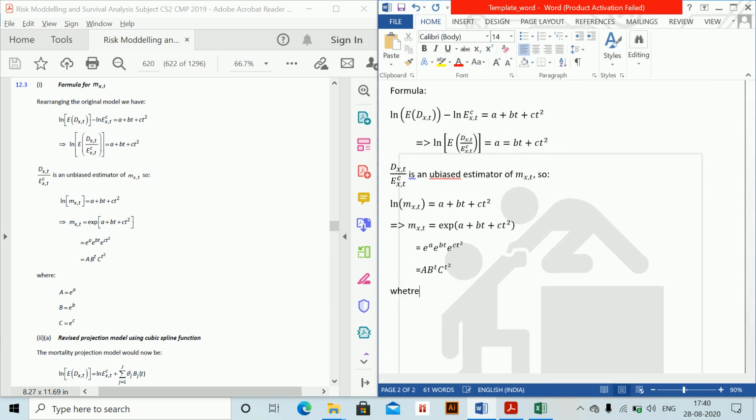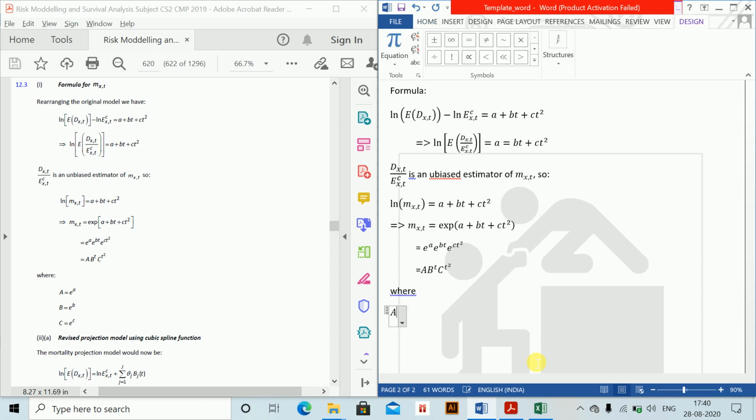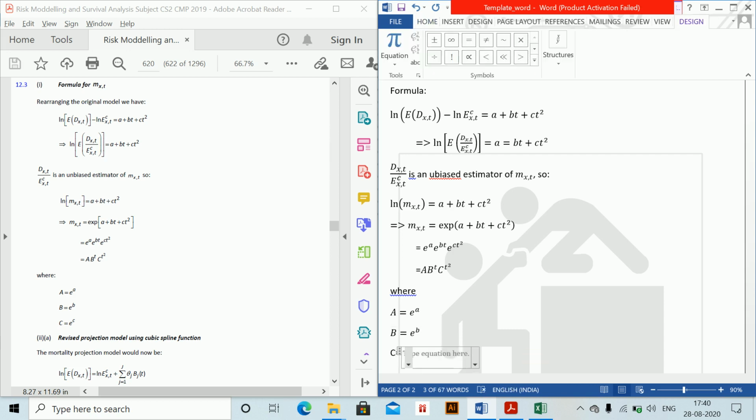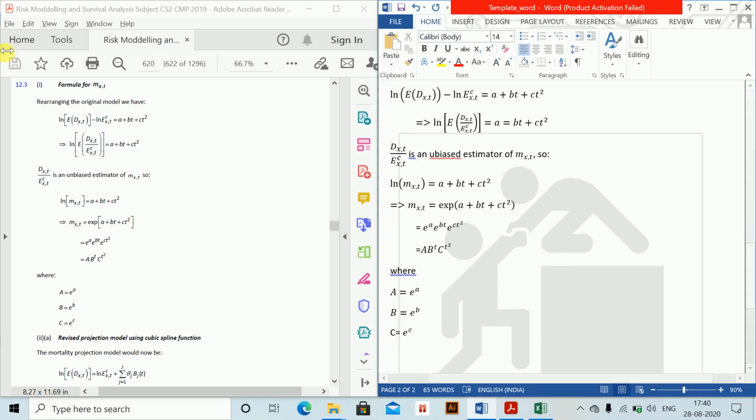Now we write where, since we have substituted the values: a is equal to e to the power a, b is equal to e to the power b, and c is equal to e to the power c.